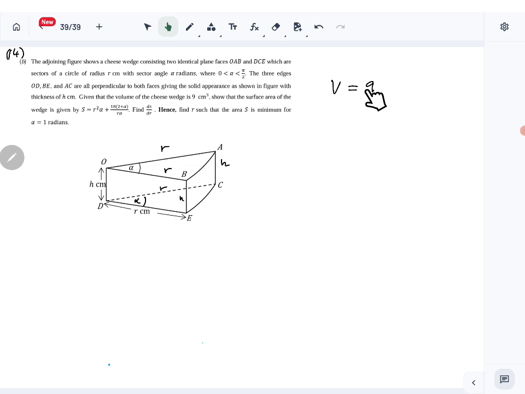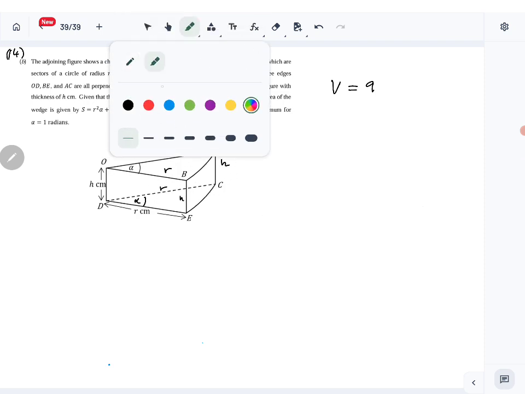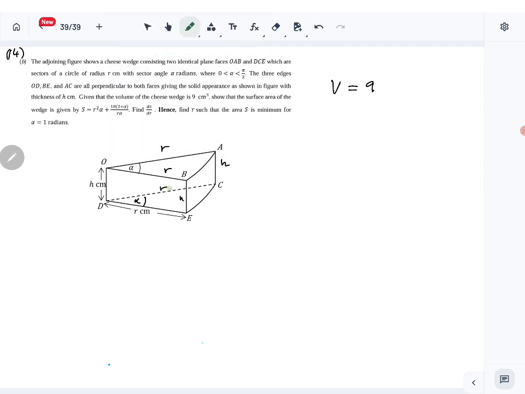So we have to find the expression for the surface area. So first let's write an expression for the volume. So volume is what? Cross section area times height. Cross section area is this one. This is your cross section, right? So this sector part is your cross section.